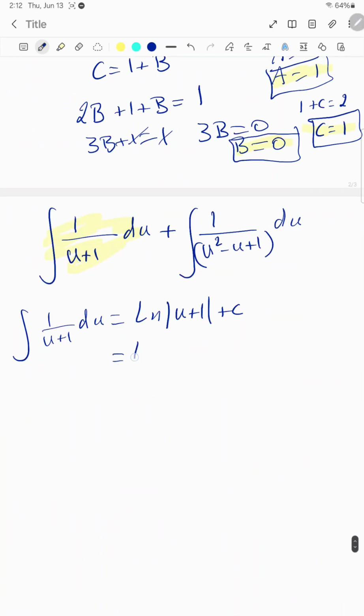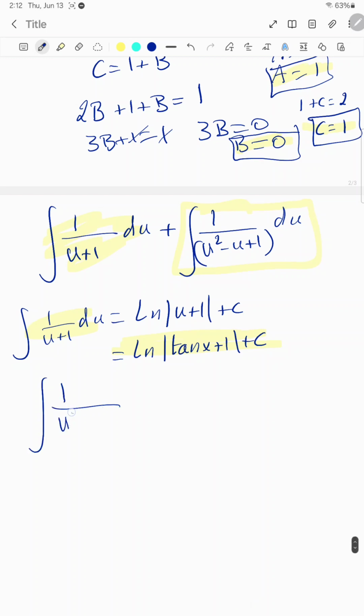So it is equal to ln of tan of x plus 1 plus c. This I will highlight because I will add it at the end, and I will work on this part of my integral. Now I will work on 1 divided by u squared minus u plus 1 du.